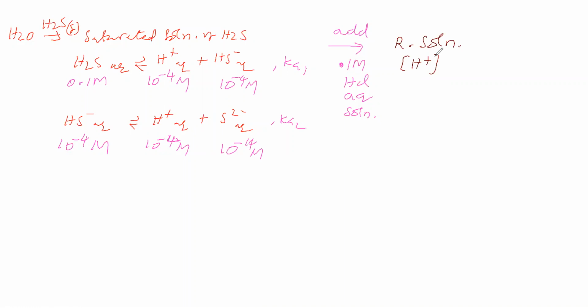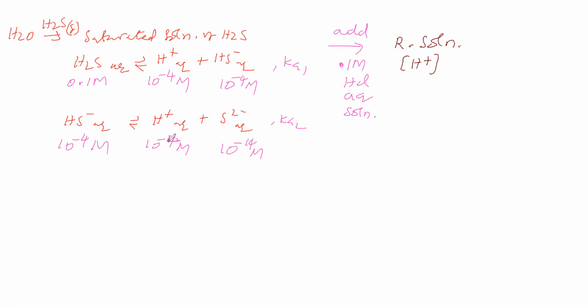See, this solution is at equilibrium. One equilibrium is this, another is this. Once equilibrium is attained, concentration remains constant. Here this concentration will remain as 10 power minus 14 only, and this concentration will remain as 10 power minus 4, it will not vary further.